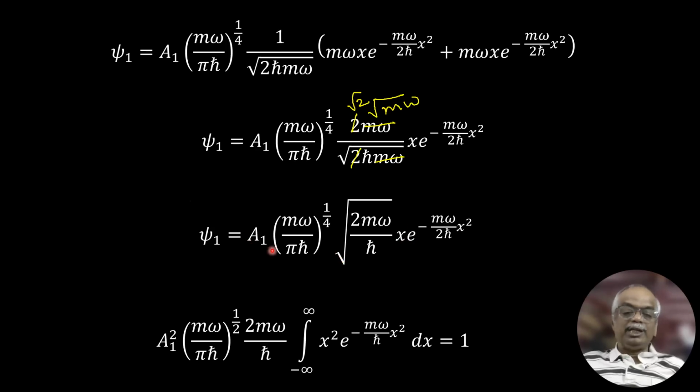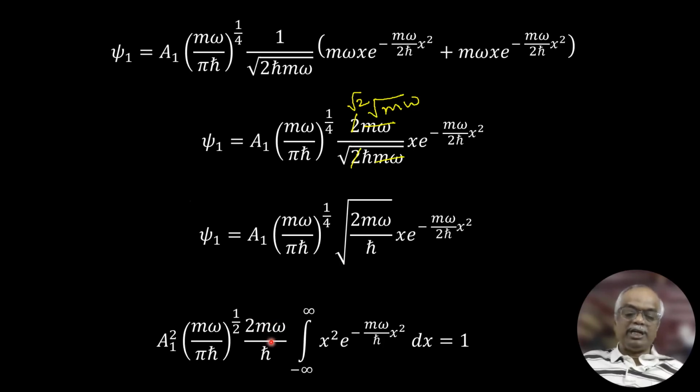Now in order to find a1, you take the modulus square and integrate it; the integral of modulus psi 1 squared must be equal to 1. So you square it. This will become a1 squared, and this is 1 power 1 over 2, the 1 over 4 will become 1 over 2, and this square root will get removed if you square it.